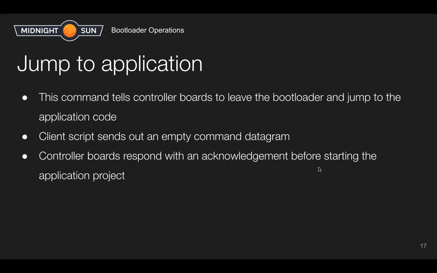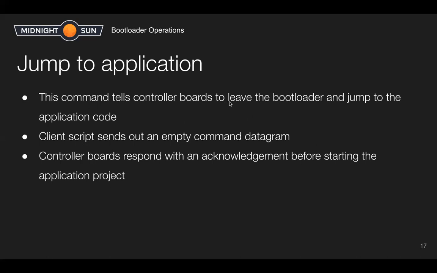So the really interesting ones, this and the next one, start with jump to application. To actually jump to the application, the network part of it is that the client script will send a command in the form of a datagram to tell controller boards to leave the bootloader and jump to the application code.